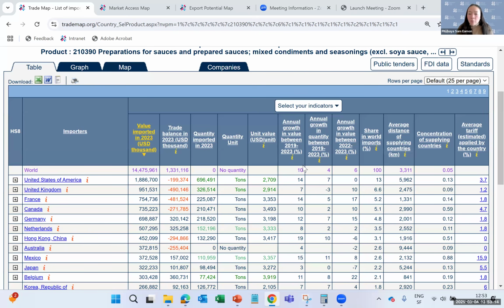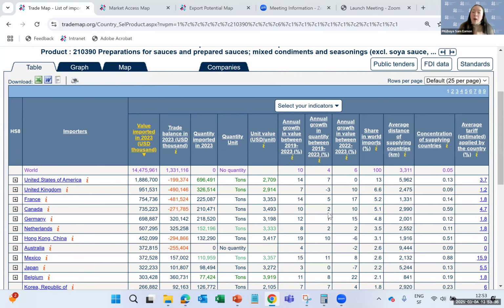What we can assume right now is that over the last 5 years, the average unit value of the product has been increasing. That's why the value is growing faster than quantity. Okay? And of course, this is the phenomenon that can happen and left for you to investigate.